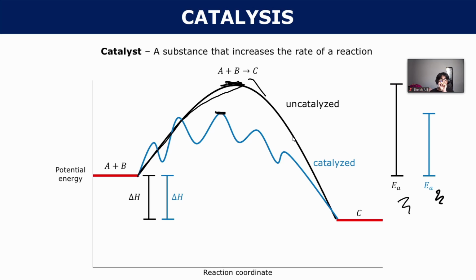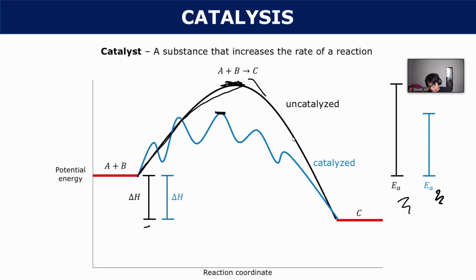So this definition of a catalyst is almost incorrect. It's not really a substance that increases the rate of reaction. It's a substance that decreases the activation energy, and since the activation energy is decreased, that in turn increases the rate of a reaction. An important thing about catalysts is that they don't change the change in enthalpy between the reactants and the products.